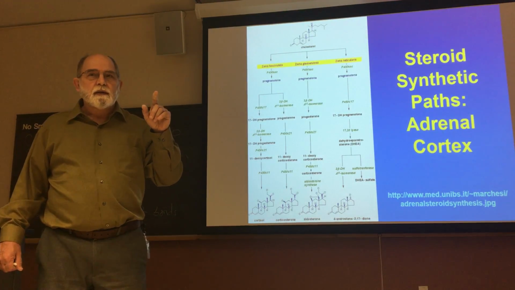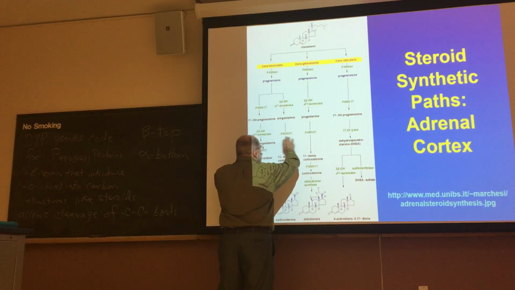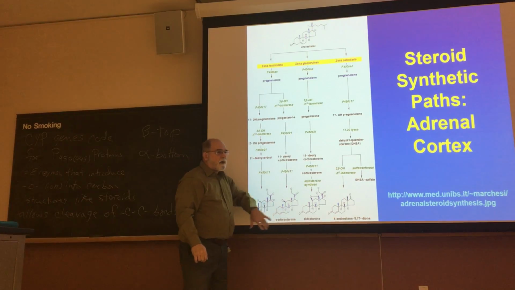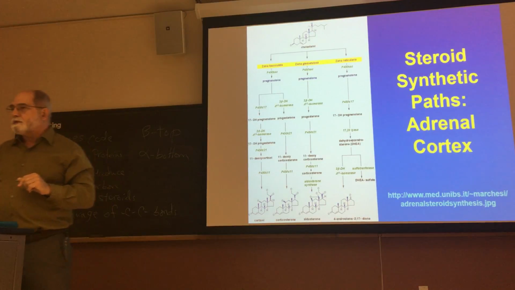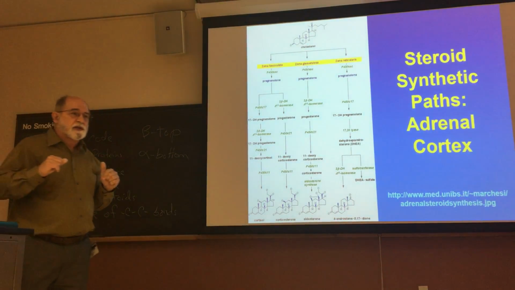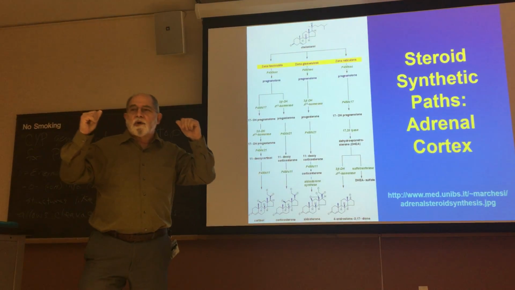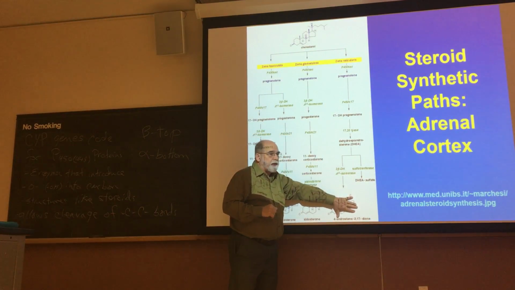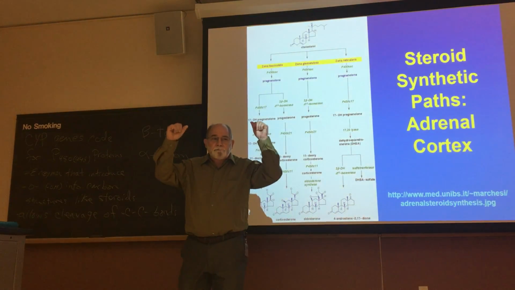CRH. Okay? So if I block these enzymes, or this enzyme, and I don't have this being formed, what's going to happen to CRH levels? Go up. What happens to ACTH levels? They go up. And what's going to happen to the amount of progesterone and adrenal androgens that I have present? It's going to go up.